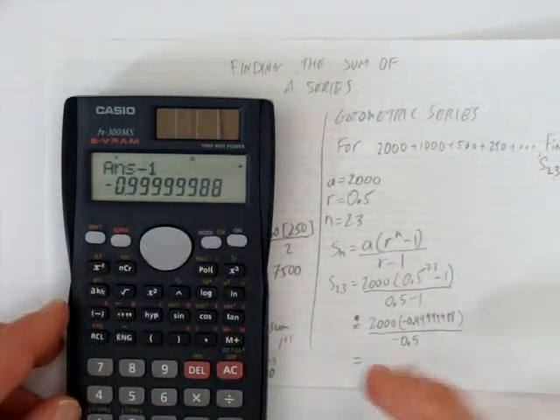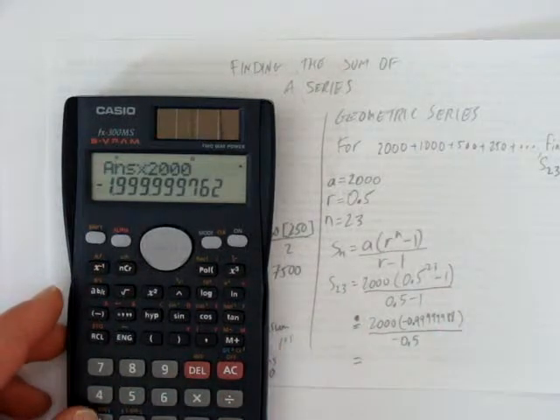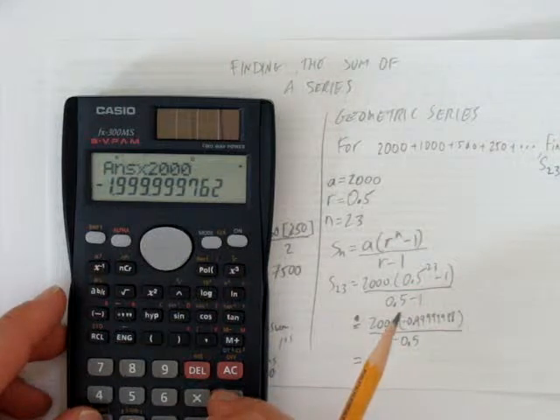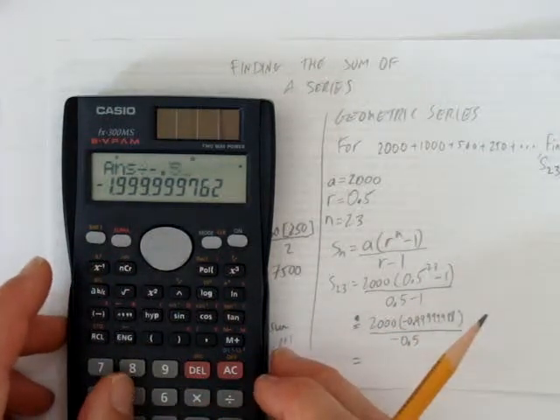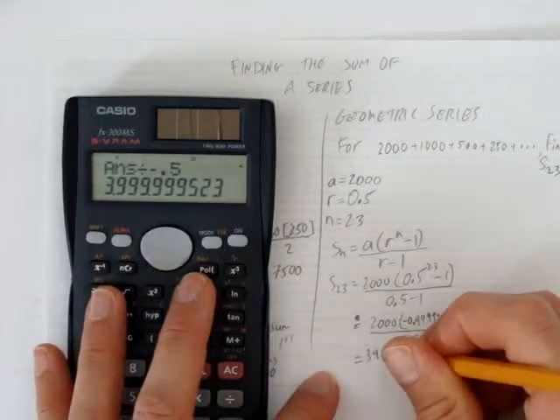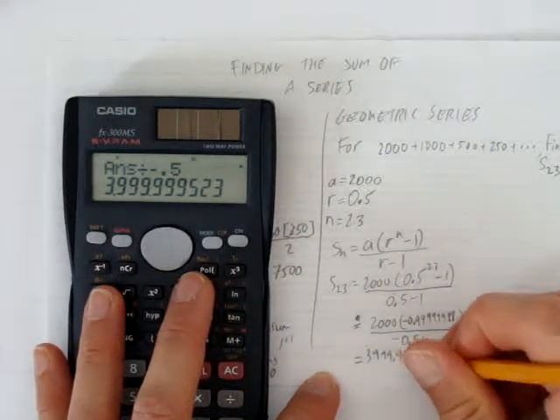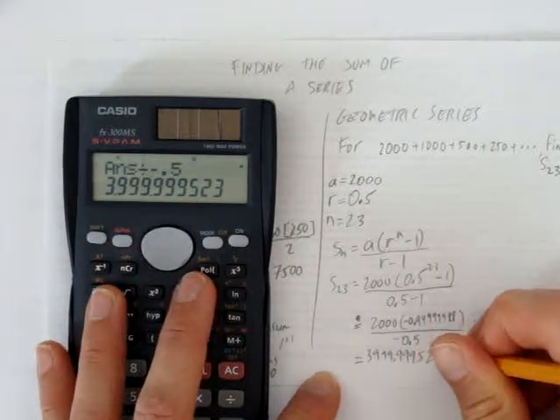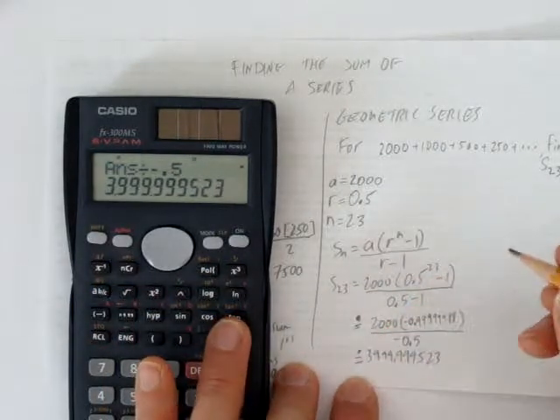So now let's keep going. Take that, multiply by 2,000, and we get that, and divide by negative 0.5, and we get our final answer, 3,999.9999523. Another rounding dot because, again, the calculator probably rounded.